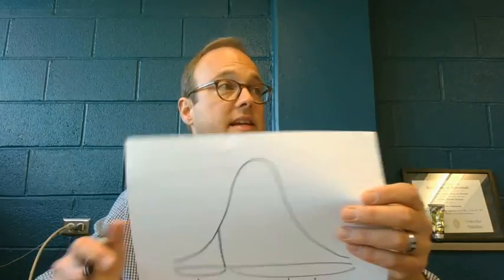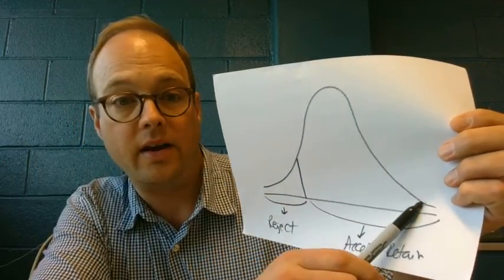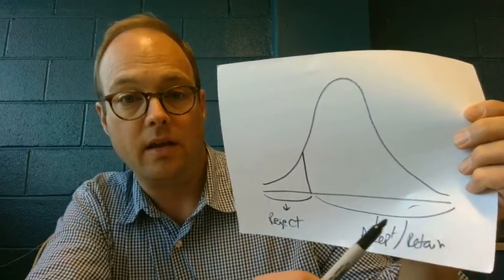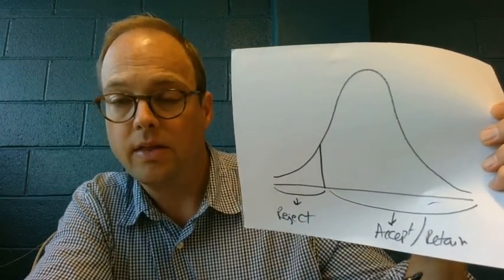On the other hand, if your data-generated t-value falls anywhere in here, along the abscissa, you would accept or retain, keep the null hypothesis of equality or no difference.